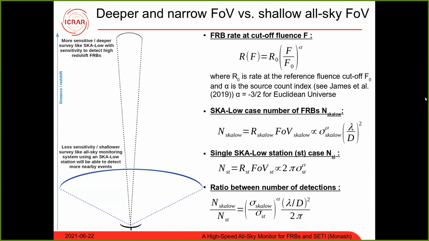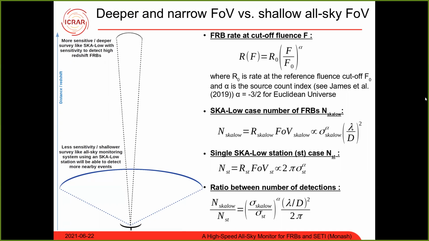It turns out that the ratio between number of detected FRBs of these two surveys is actually proportional to the ratio of sensitivities in the power of, again, minus 3.2 for Euclidean universe, or different power law index depending on what is the index of the source count distribution of these FRBs in the universe.